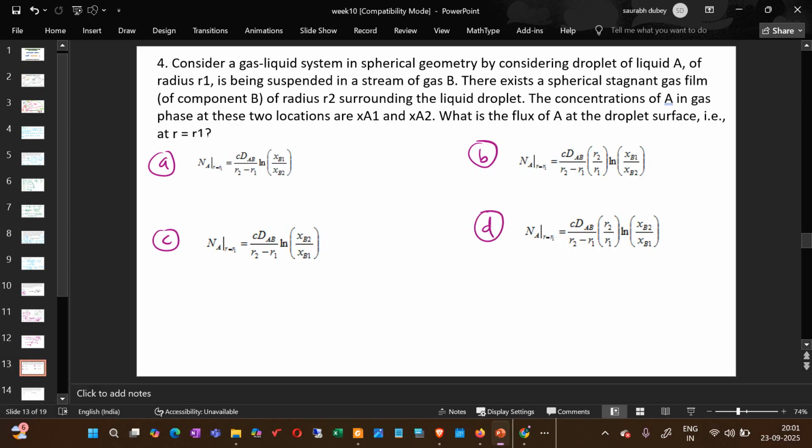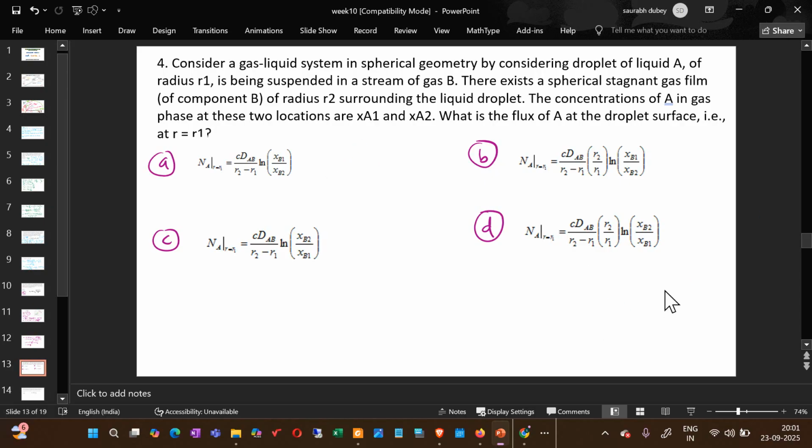This is also in the UG mass transfer courses. You may have gone through this, but let me re-derive it for you, because re-deriving it will help you, right?